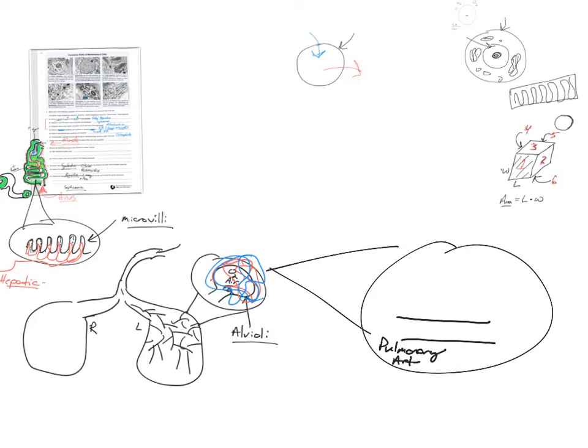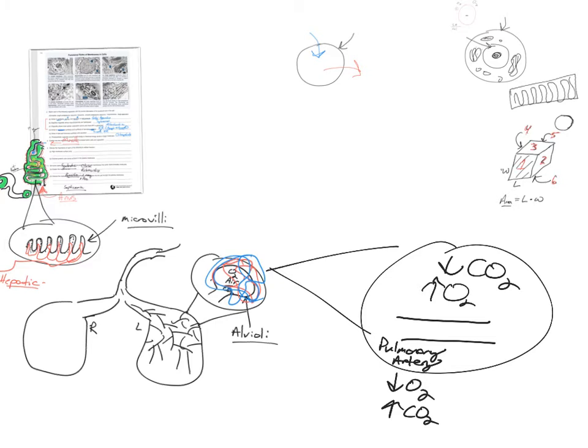The pulmonary artery is the only artery that has low oxygen, high carbon dioxide. All the other arteries have high oxygen, right? And so in the alveoli, on the other side of that artery or vein, you have high oxygen and low carbon dioxide.